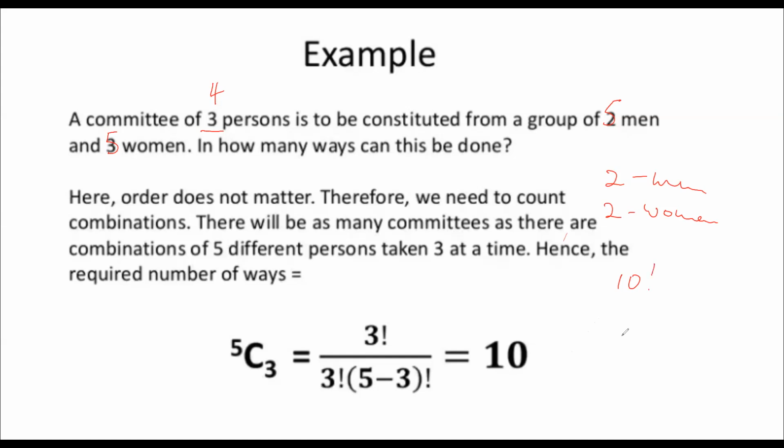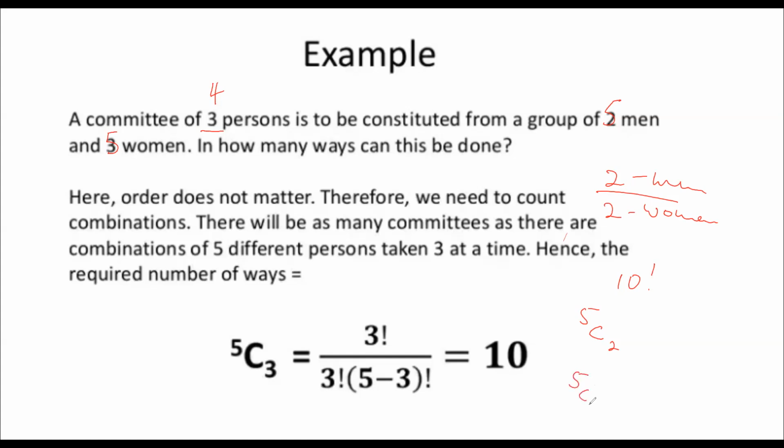However, it's not that simple, because you have to choose 2 men out of 5. So how many ways can you choose 2 men from 5 men? You get 5C2. And how many ways can you get 2 women from 5 women?